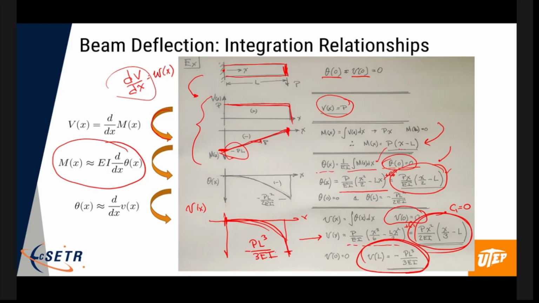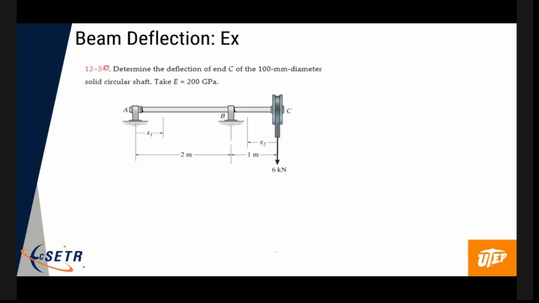When we started off with just the tip load, the shear is constant, the moment is linear, the slope is quadratic, and then the deflection is cubic, okay? So it's just keep integrating the elastic beam deflection curve and you'll get your answer, okay? But you have to be a little careful with the boundary conditions, all right? Okay. So let's do this example.